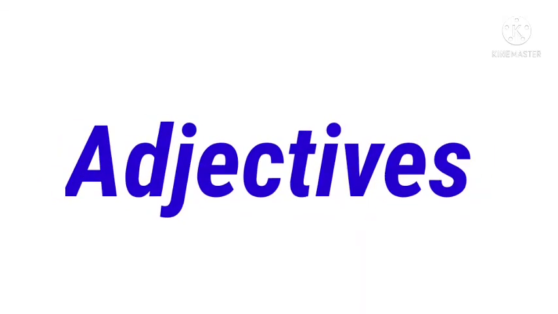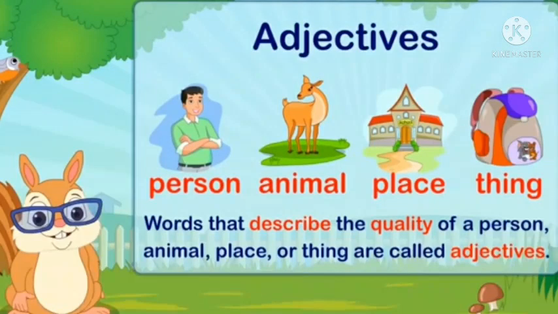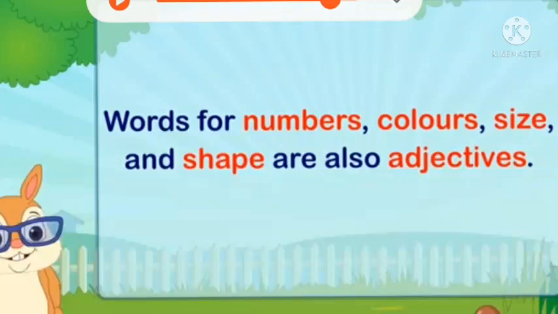We can see some examples. Adjectives are describing words. Words that describe the quality of a person, animal, place or thing are called adjectives. Words for numbers, colors, size and shape are also adjectives.